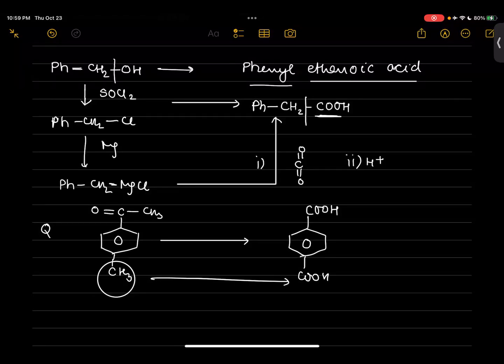What word should I use? This is oxidation. Got it.